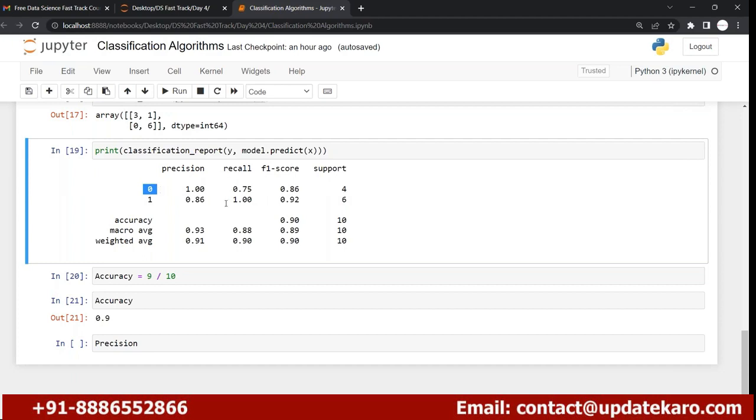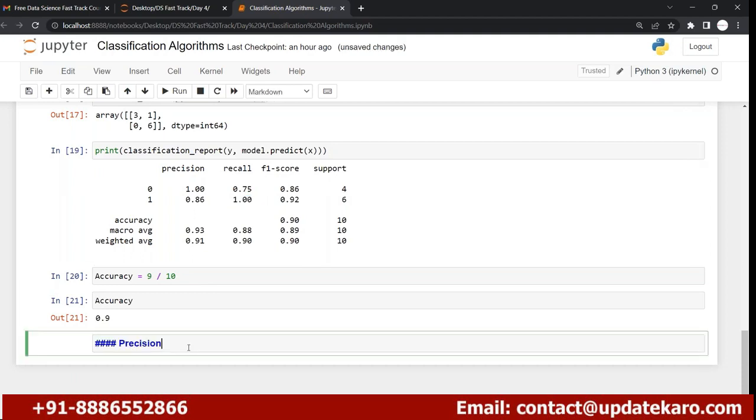What about class 1? 100% of the time the model is able to find out the positive predictions.